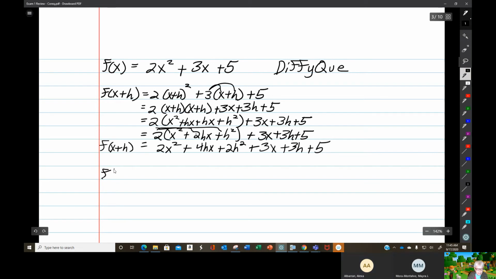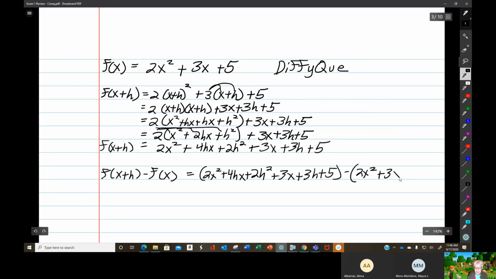Now I need to find f of x plus h minus f of x. And that will be parentheses 2x squared plus 4hx plus 2h squared plus 3x plus 3h plus 5 minus parentheses the original f of x, 2x squared plus 3x plus 5.